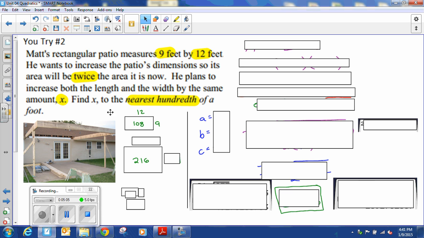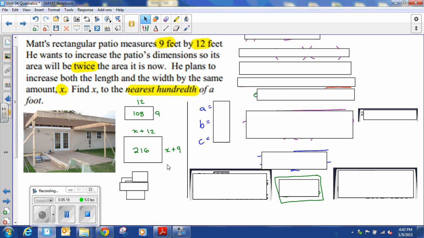We're going to increase the length and the width by the same amount x. That's your hint. So we're going to write the new length and width of our larger patio by using the expressions x plus 12 and x plus 9. So basically, before Matt takes a trip to Lowe's and buys new wood, he needs to know how much wood to purchase.